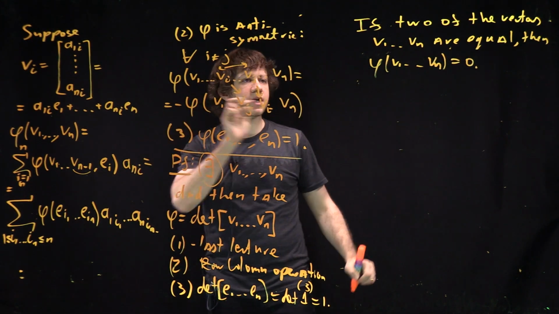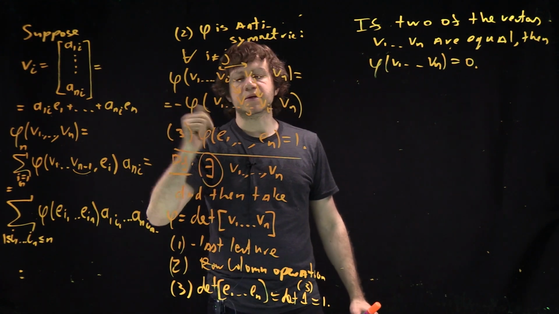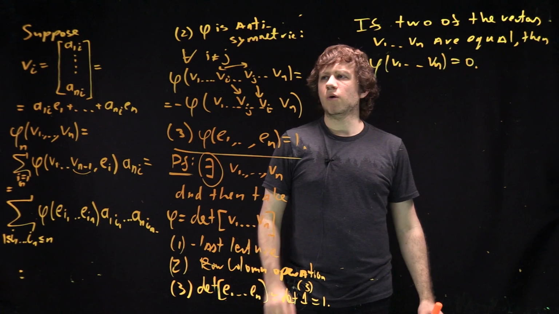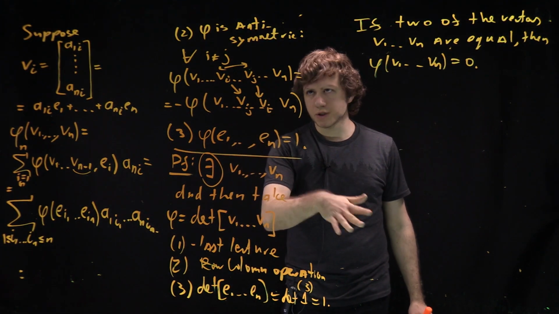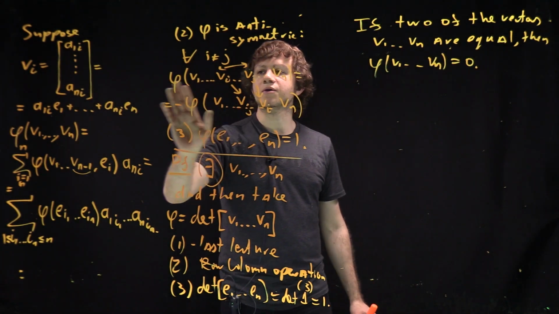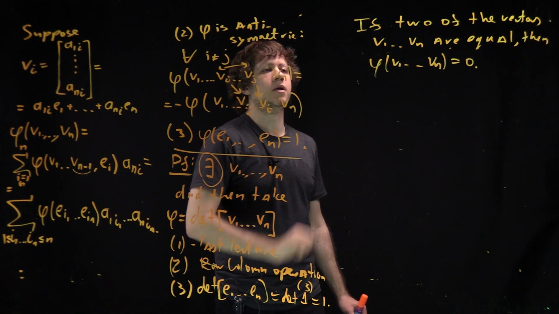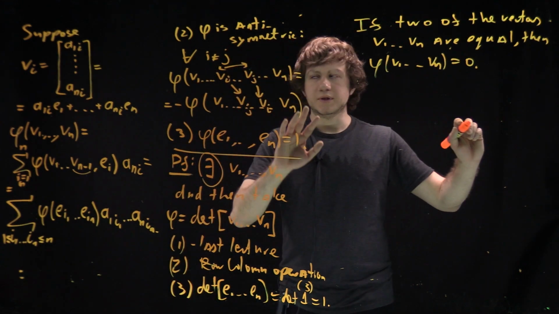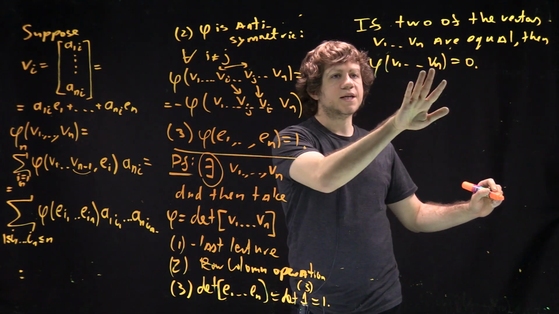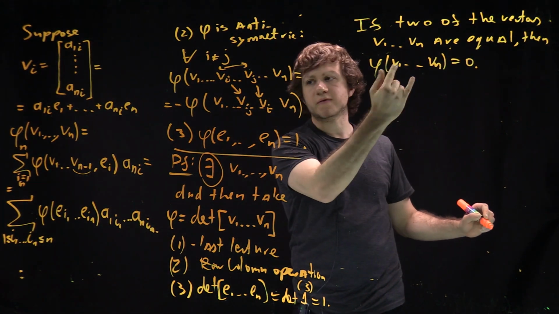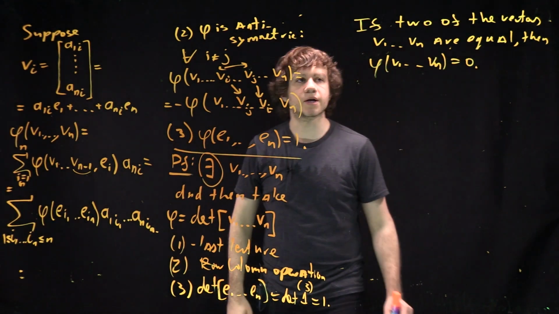This is just because if two of them are equal, then we can exchange them and it flips the sign and simultaneously doesn't change anything. To be honest, if your field has the property that 2 equals 0, like in F2 for instance, then you probably need to add the requirement that this thing vanishes for two equal vectors. But that's just a little correction. So why is this the case again? We flip these two vectors, the function changes sign and simultaneously doesn't change because they are equal.